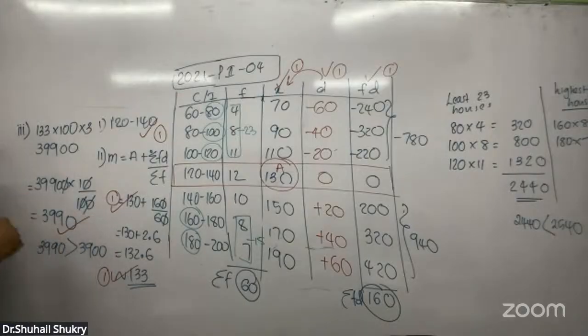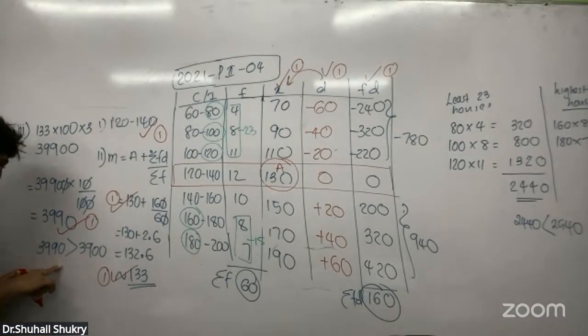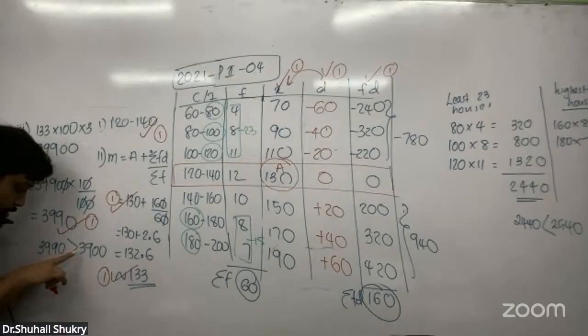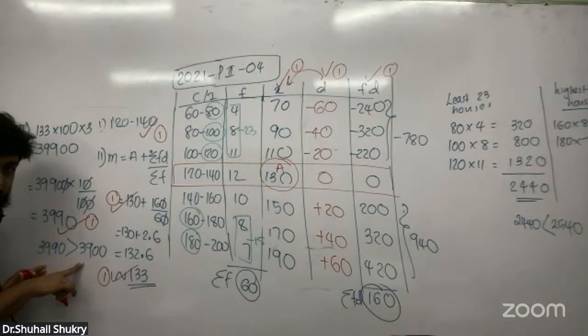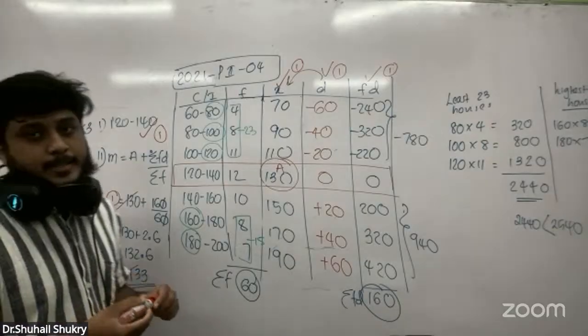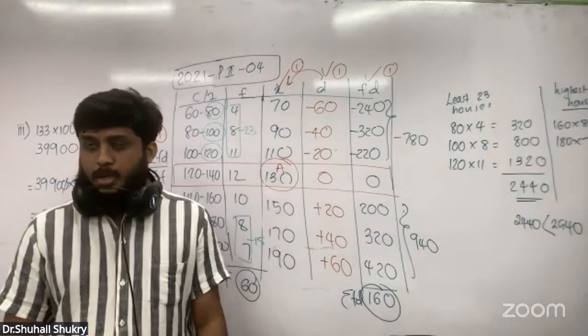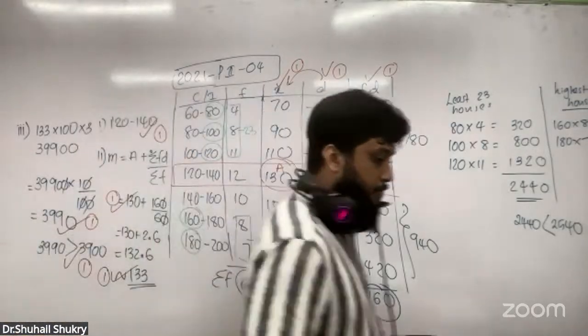It doesn't matter how many steps you use, but they have given only 1 mark for this. For writing the inequality, showing that 3990 is greater than 3900, they have given 1 mark. So 2 marks in total here. Are you clear?